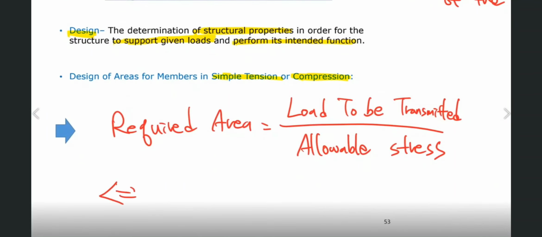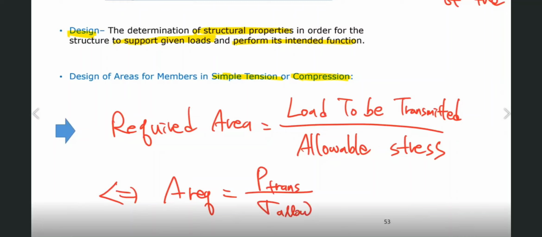So this can be simplified: the required area is equal to the transmitted loading condition over the allowable stress. Sometimes it can be shear stress and sometimes normal stress, but now I use just the normal stress to highlight it.